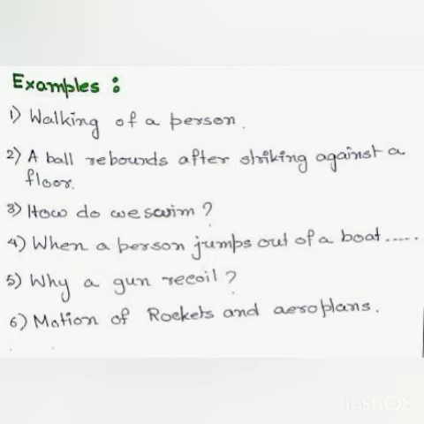And according to Newton's third law of motion, an equal and opposite reaction acts on the rocket, which pushes the rocket in the upward direction. Okay, so this is the explanation of the motion of rockets or jet aeroplanes.